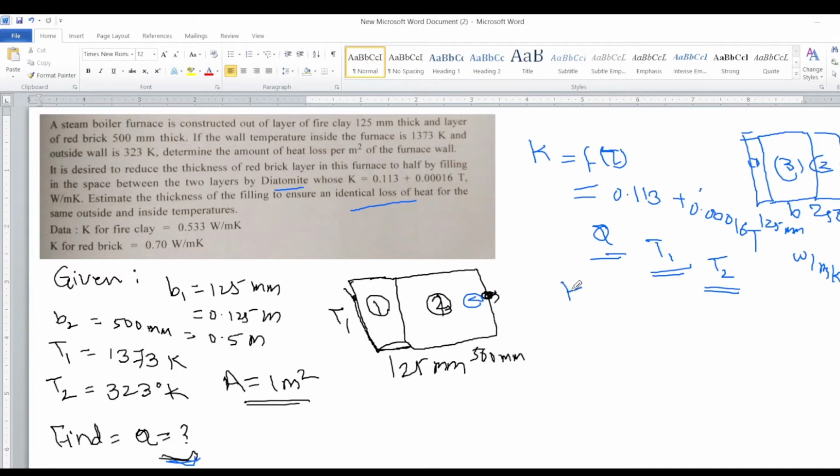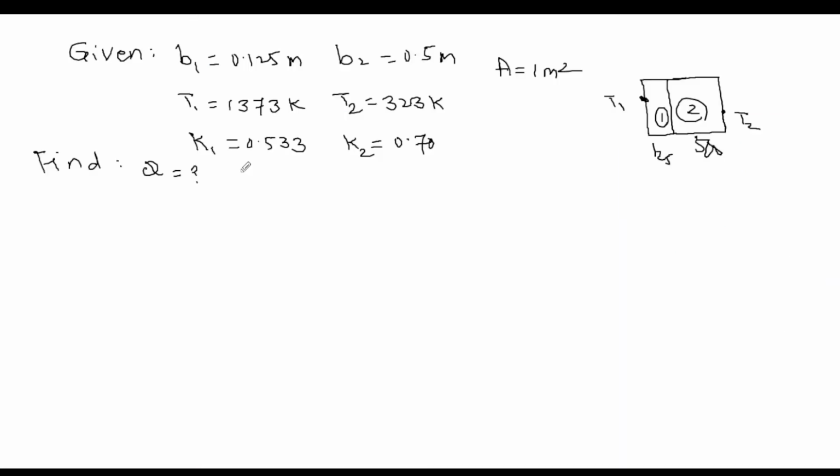Also, they have given us K1, that is K for fire clay, as 0.533 watt per meter Kelvin, and K2 as 0.70 watt per meter Kelvin for red brick. So we will need to solve this example.